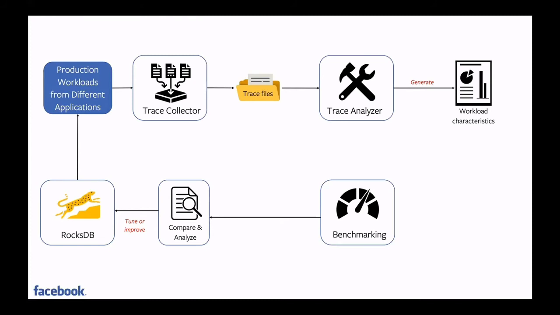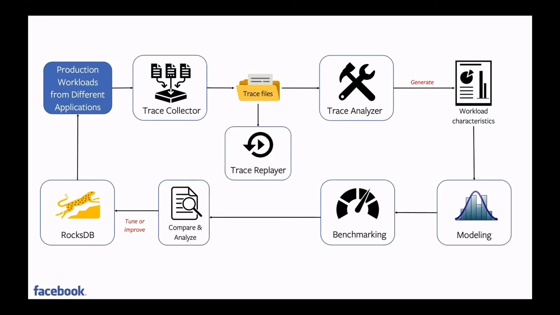Based on those characteristics and analysis, we can use different mathematical and statistical models to get the profile of the workload. And finally, we can use those models to rebuild a new benchmark. So now we have a closed loop of this process. We can continue to improve the benchmark and do better benchmarking.